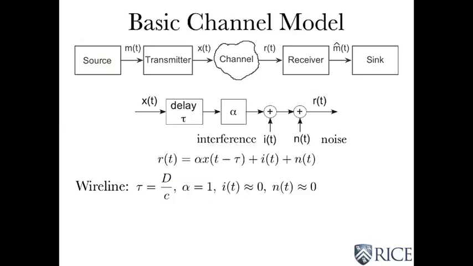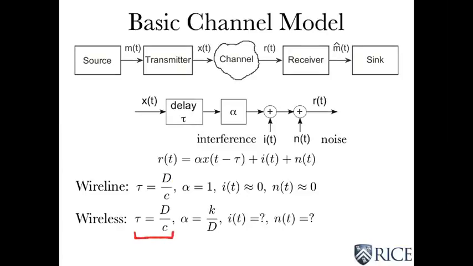So it makes it kind of uninteresting for us. But in wireless channels, situations get much more challenging. There is a delay, which in many situations can be small, but if you're talking about satellite communications or even ionospheric communications, that delay can become significant.